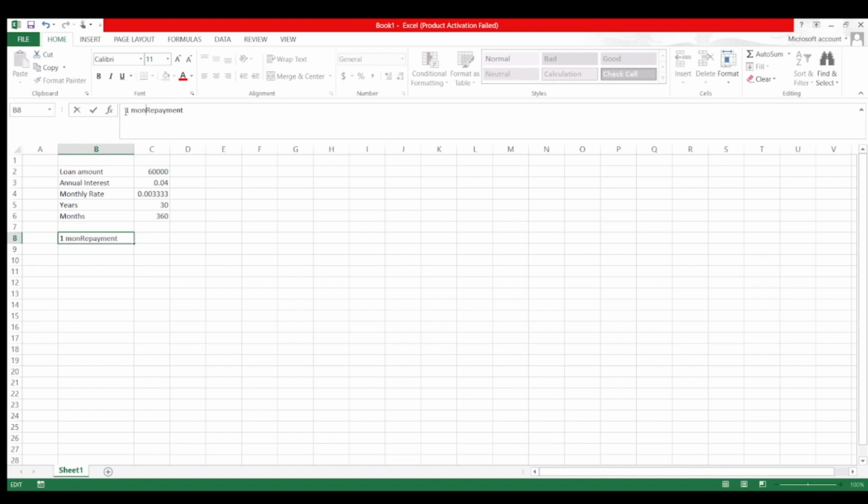For the first month repayment, we'll use the PMT formula. It equals PMT, taking the monthly rate, the total number of periods, and the present value.